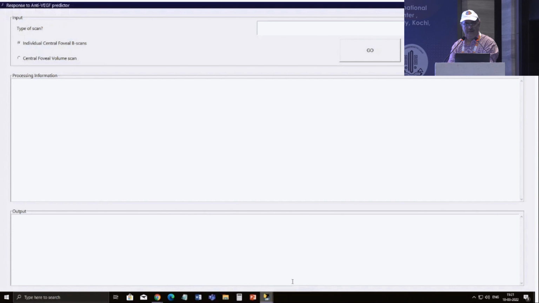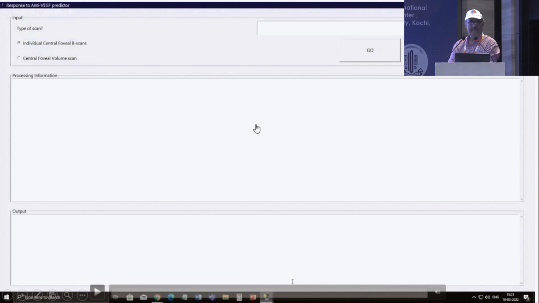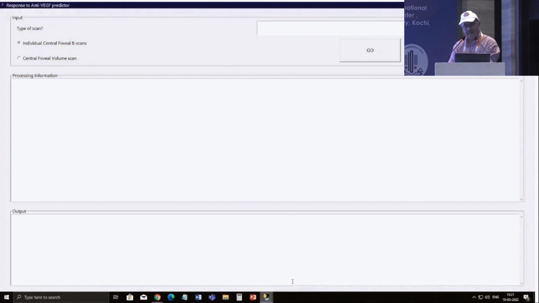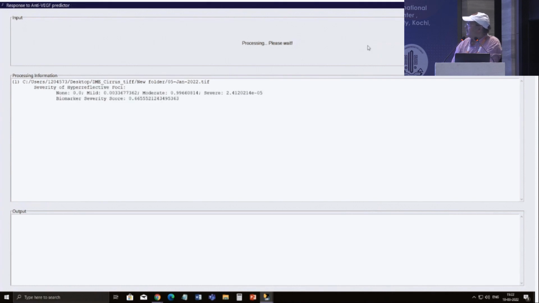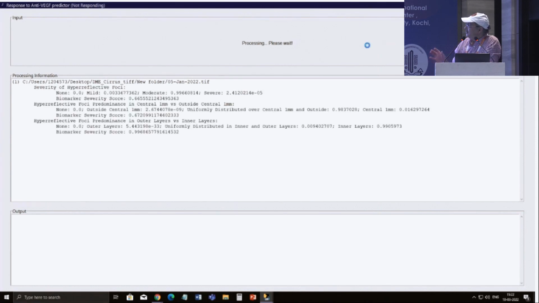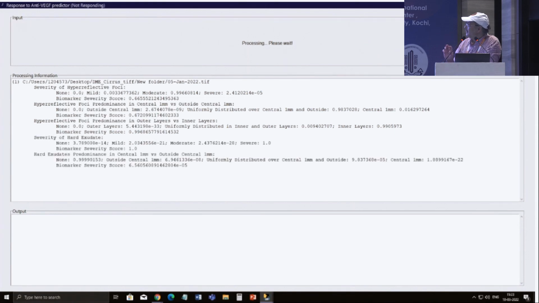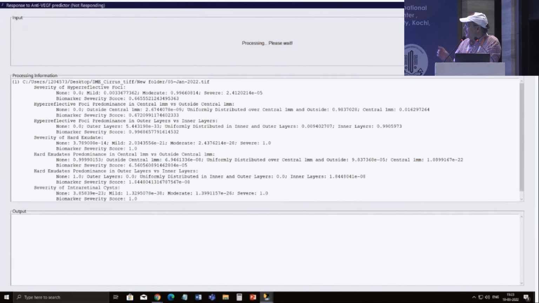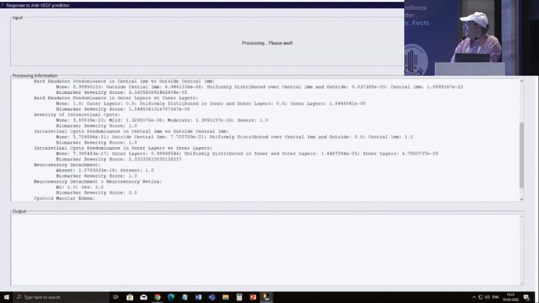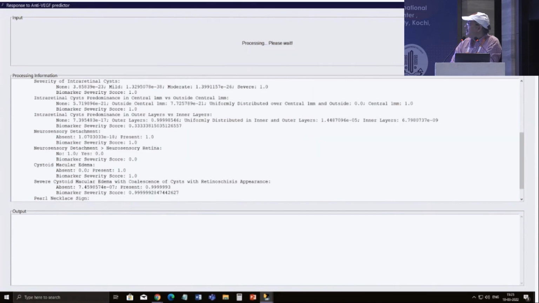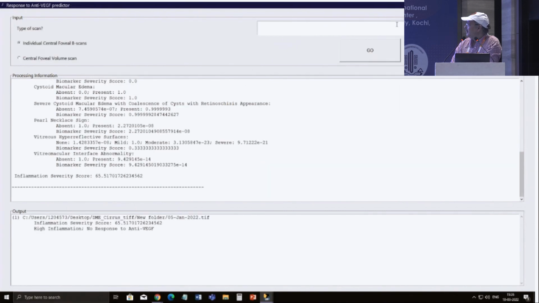And this is a small video where he is trying to show how this is actually a self-explanatory thing, where AI is identifying that these are the features, and then ultimately a score is generated, and out of this score, these are the criteria for hard exudates, intraretinal cyst, microaneurysm, cystoid macular edema, and an inflammation score of 65 is generated, which predicts that severity is very high and this may not respond to anti-VEGF.